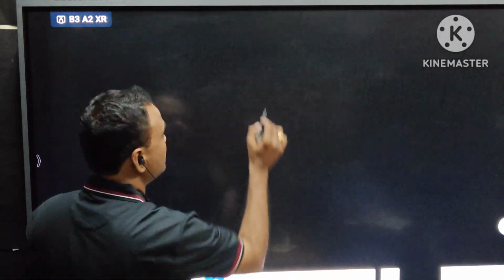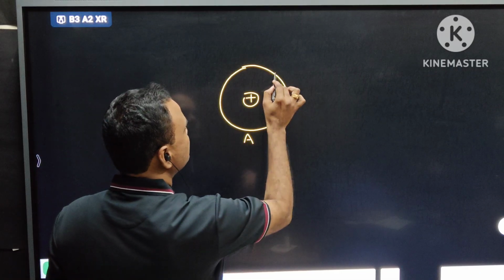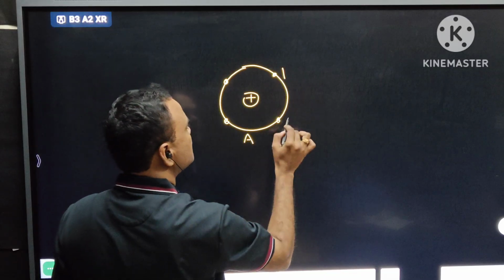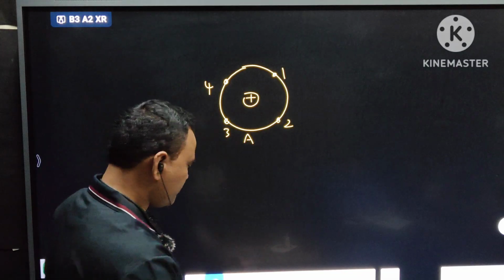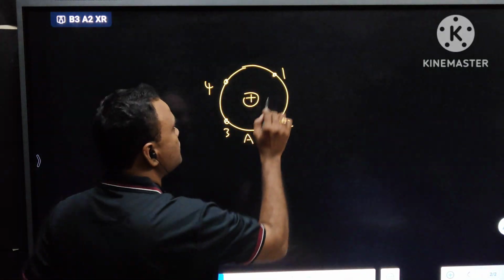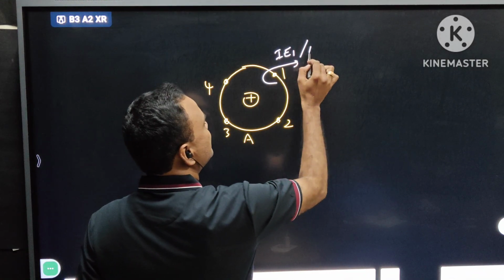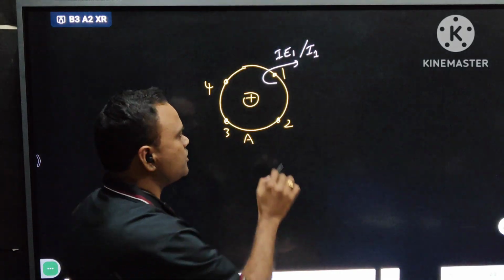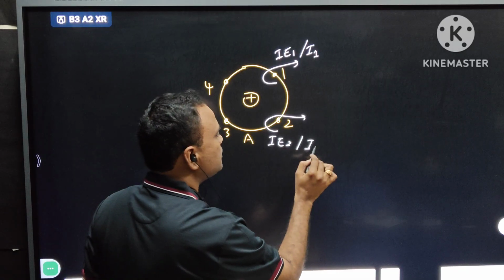Yesterday I gave one relation. Let us consider 4 electrons in the atom: first electron, second electron, third electron and fourth electron. The energy required to remove the first electron is called ionization energy 1, or simply I1. The second electron, IE2 or I2.